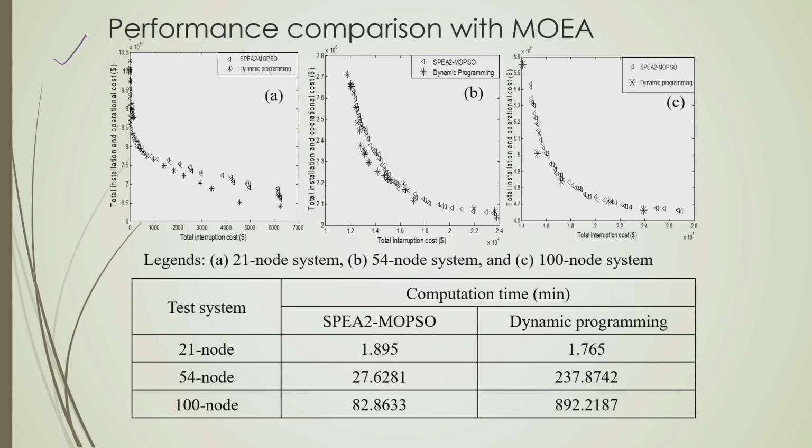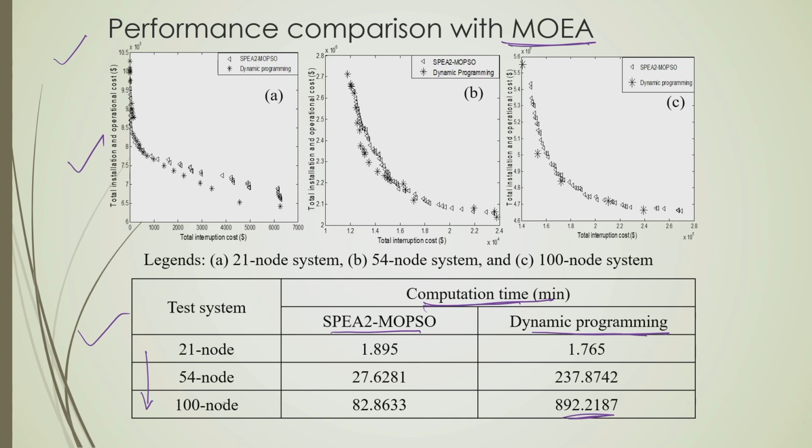This is the comparison with the multi-objective evolutionary algorithm. Here we propose dynamic programming as well as SPATM-UPSO, and we made this comparison in view of the Pareto approximation front as well as the execution or computational time. This shows that the Pareto front we got with dynamic programming is somewhat better in different systems, but the computational time that dynamic programming takes to execute is much higher, specifically when the number of nodes of the system is getting higher.